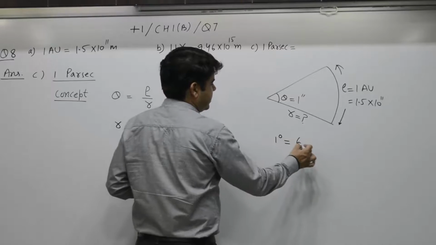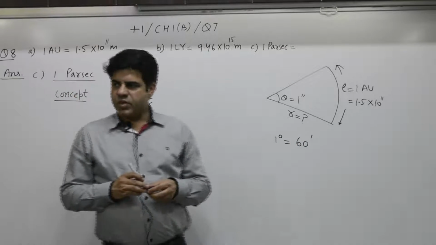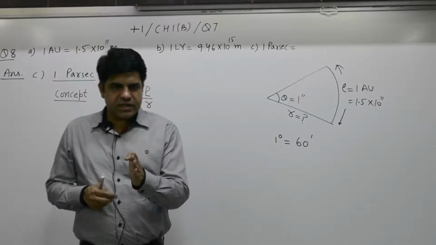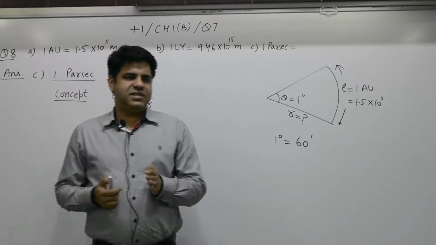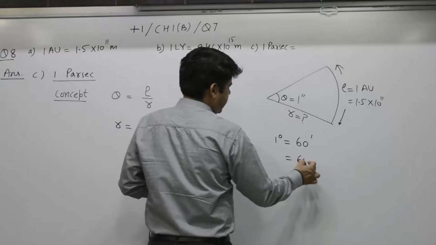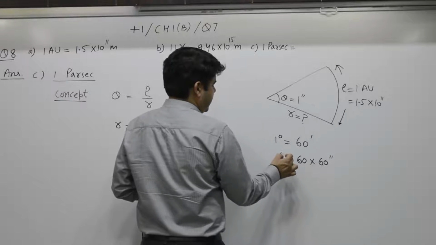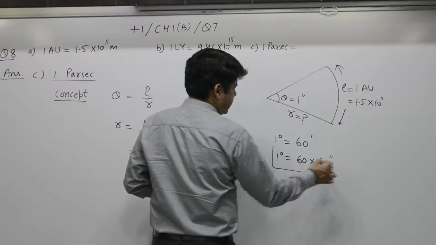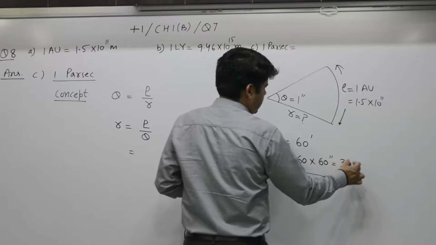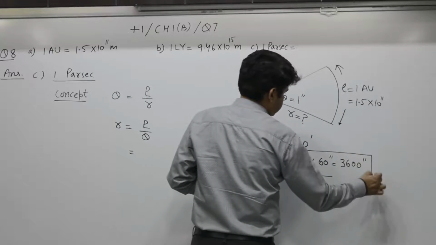So 1 degree is 60 minutes. 1 minute can further be divided into 60 parts, so it is 60 into 60 seconds. So 1 degree is equal to 3600 seconds.